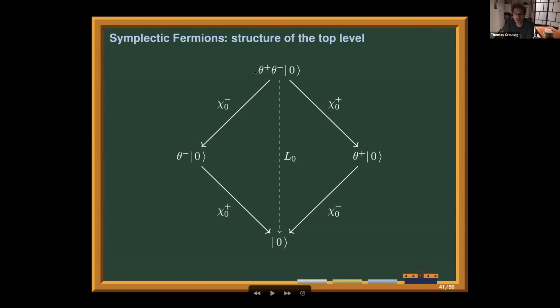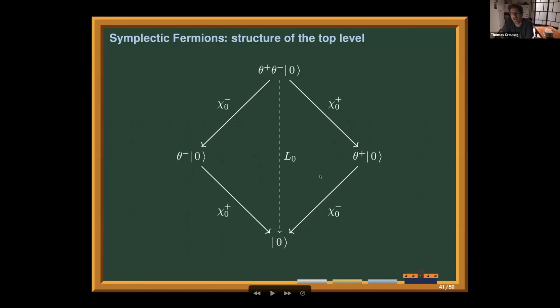They map the degree 2 polynomials to degree 1 ones and degree 1 ones to constant ones, and they annihilate any constant one. But what I put here in addition in the illustration is also the action of the Virasoro zero mode. What does it do? It gives conformal weight.